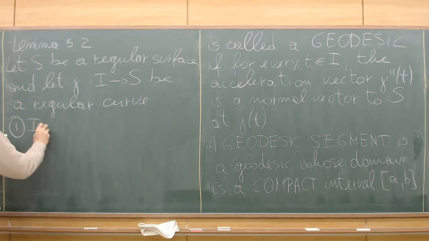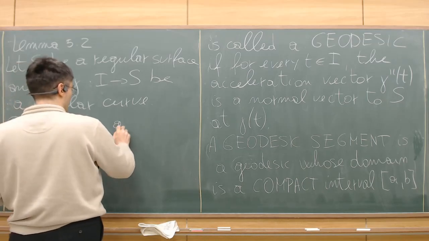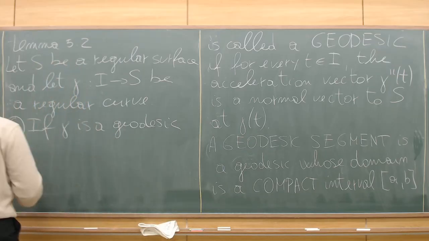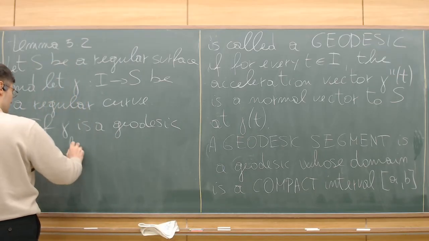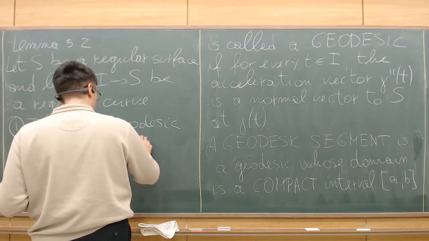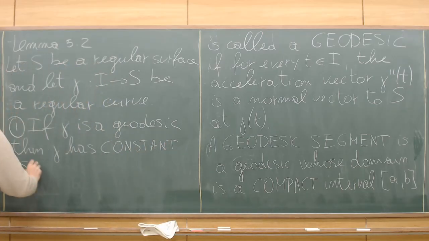If gamma is a geodesic, then gamma has a constant speed. 2.